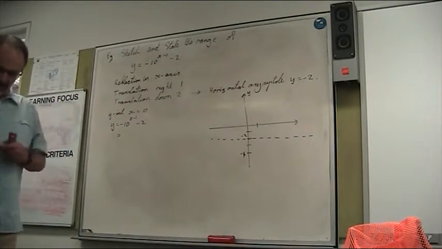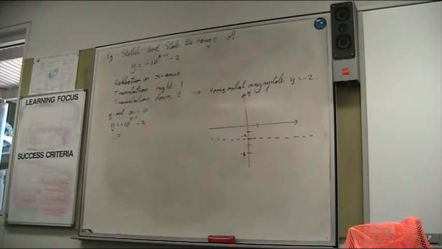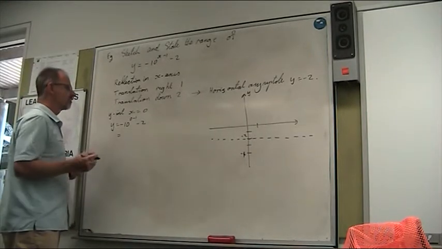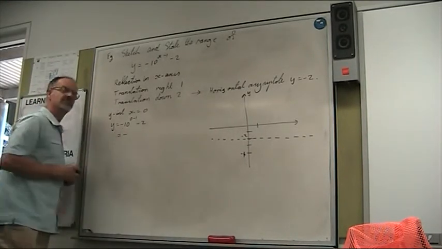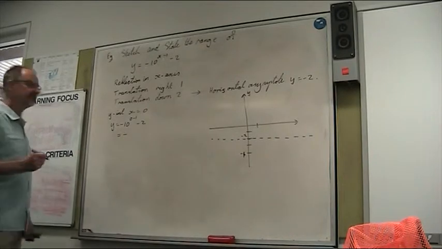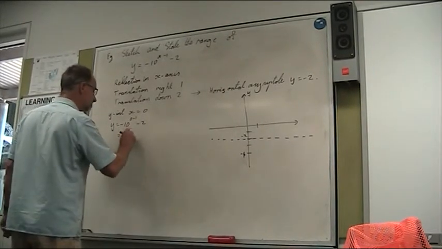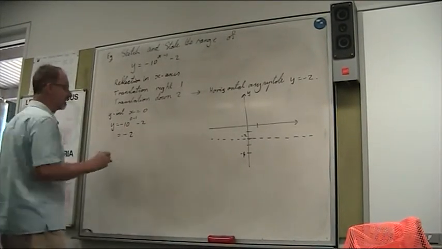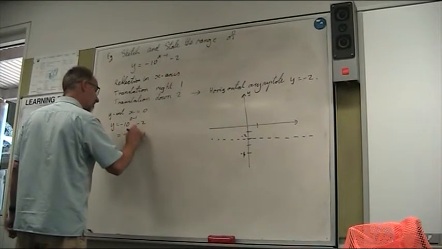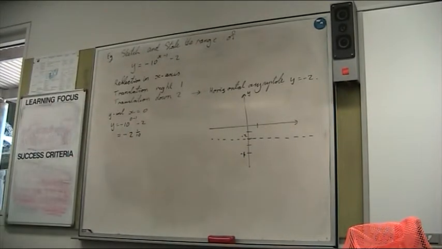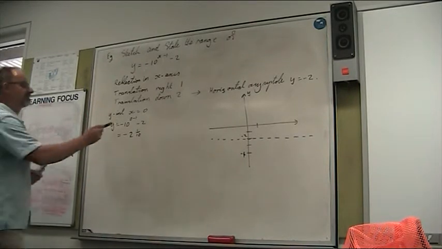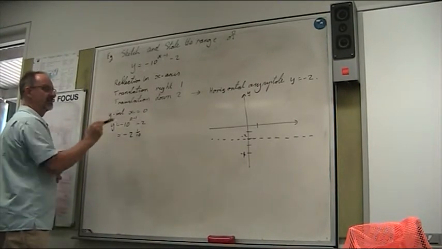Stick all of that in your calculator and you get a negative number. This bit here is 10 to the minus 1.